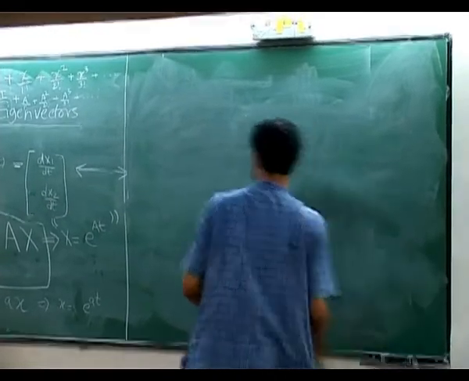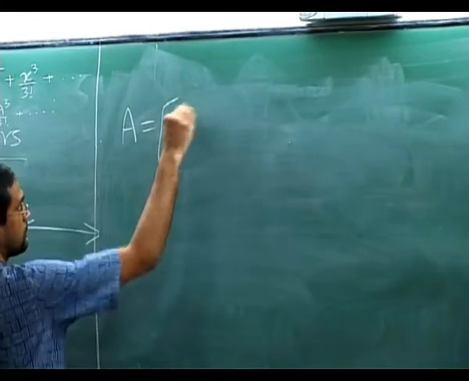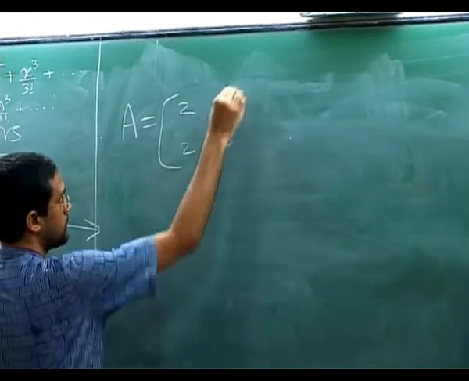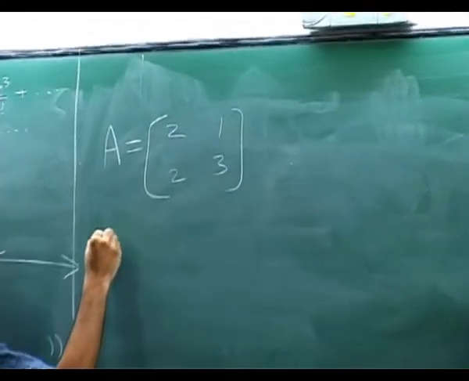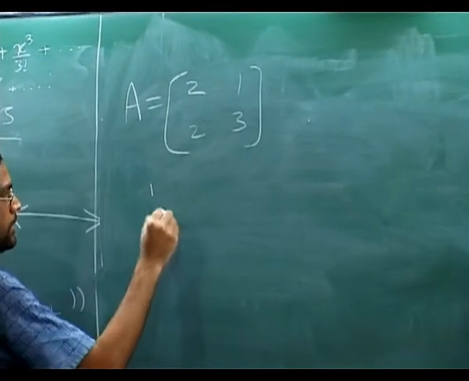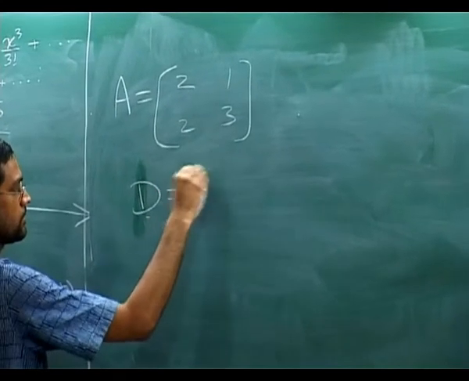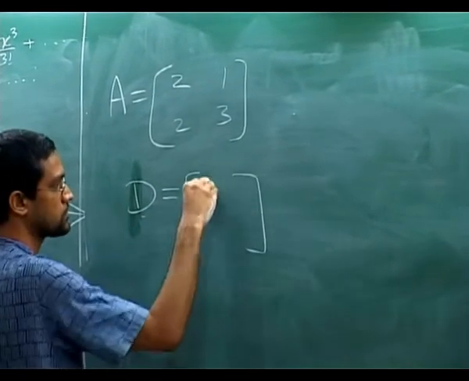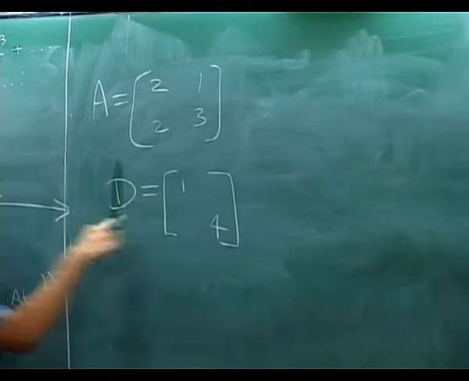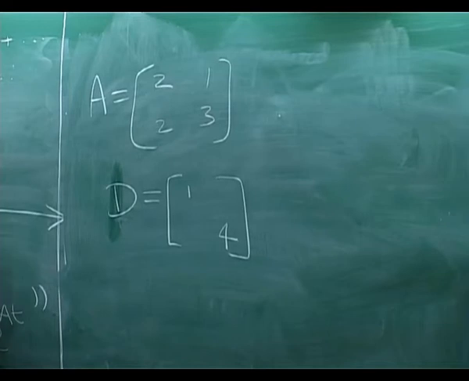So we have actually written out the eigenvalues and eigenvectors in this case. So for A equals 2, 2, 1, 3, the eigenvalues were 1 and 4. Let me write the 2 eigenvalues as a diagonal matrix, 1 and 4, and what are the 2 corresponding eigenvectors?